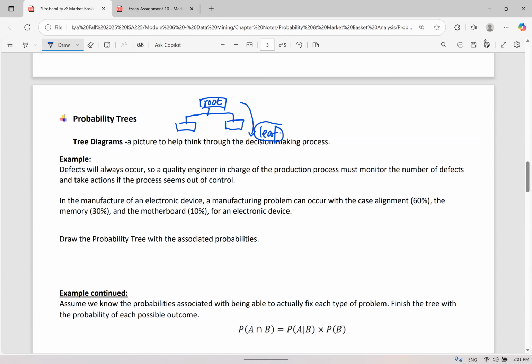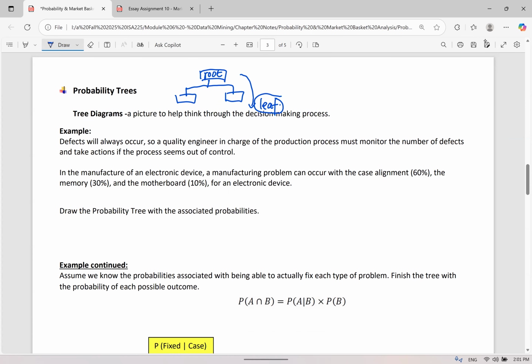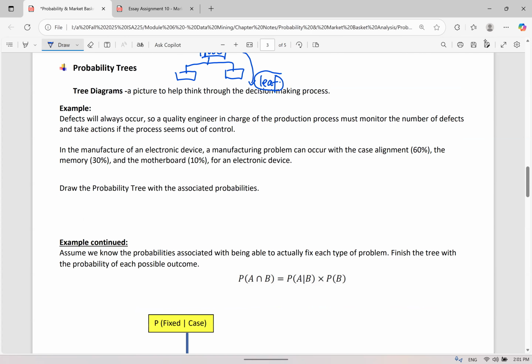Let's take a look at this example. Defects will always occur. A quality engineer in charge of the production process must monitor the number of defects and take action if the process seems out of control.